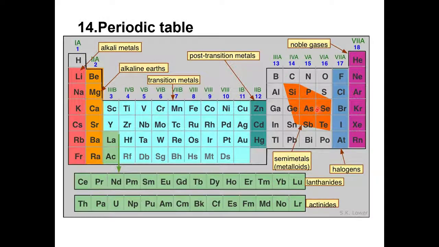These are metalloids, these are all metals, and then we have halogens here: fluorine, chlorine, bromine, iodine and astatine. Then we have the noble gases: helium, neon, argon, krypton, xenon and radon.